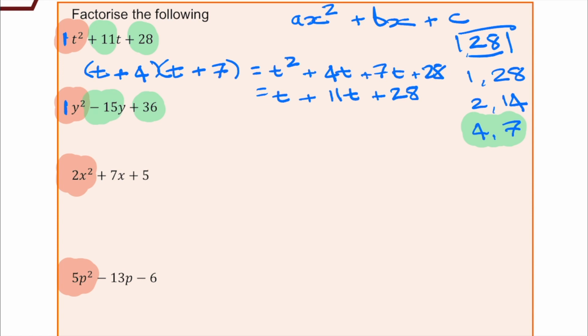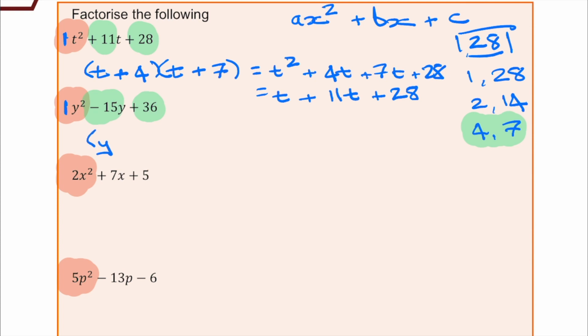They will multiply together to give us the 36, but you can't quite add or subtract them to get the minus 15. 4 and 9 is another one that might work, but similar to before, they don't quite add or subtract to give us minus 15. But another pair which will work, though, is using 12 and the number 3. If we make both of those negative, so minus 12, minus 3, times them together, you will get a positive 36, but also minus 12 add minus 3 will give you the minus 15.